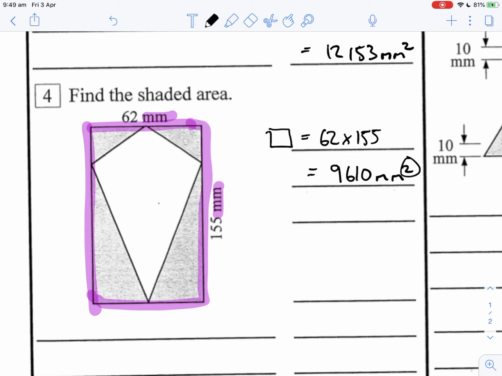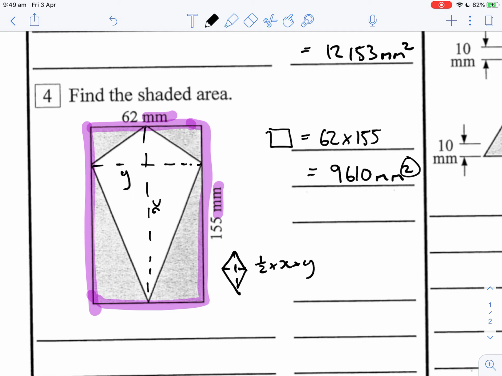Now, I'm not even sure that we covered the kites because they're not in our textbook. But basically, the formula for a kite, and I'll draw it to the side here, is a half times x times y, where x and y are your measurements of the length and the width.